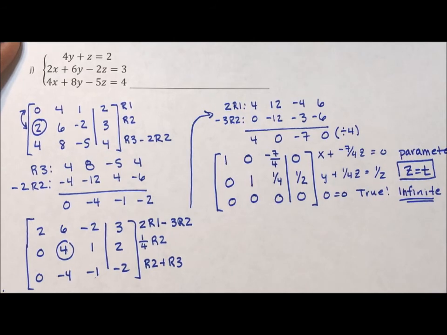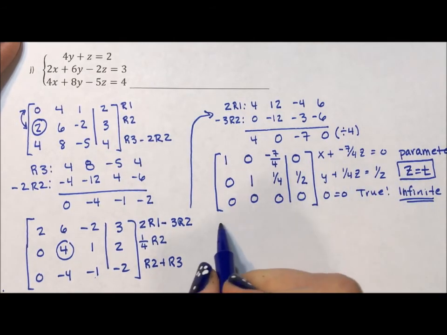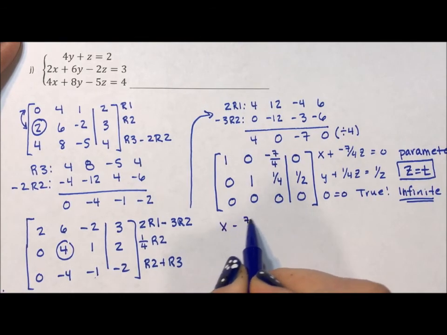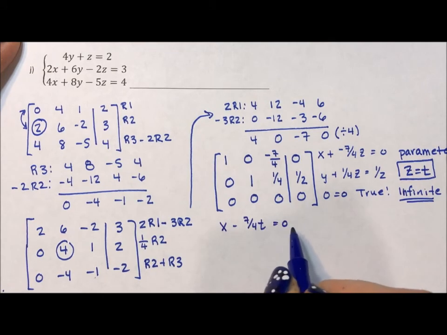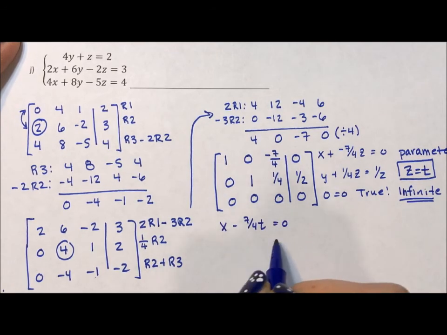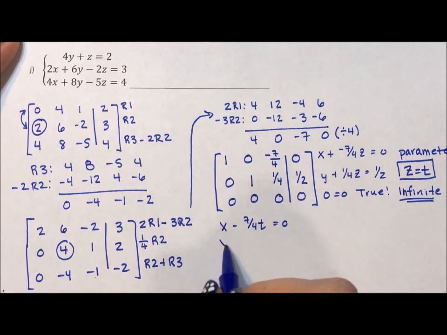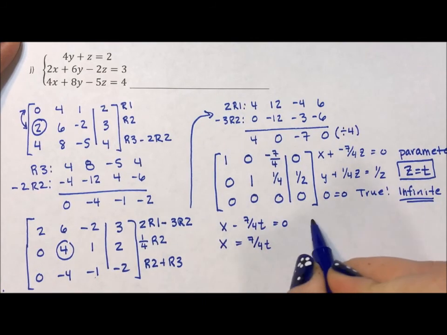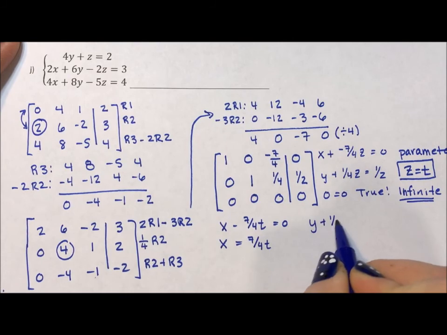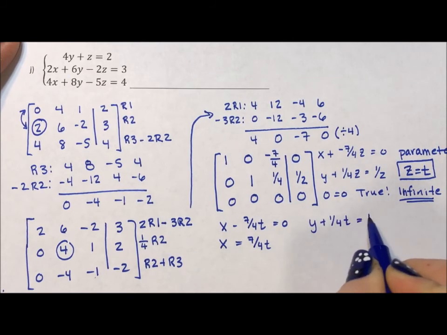This ends up becoming x minus 7/4 t equals 0, or when we add this over, x is equal to 7/4 t. For our second line, we have y plus 1/4 t equals 1/2.